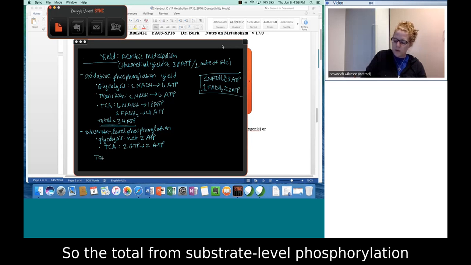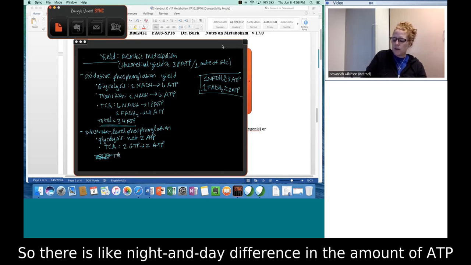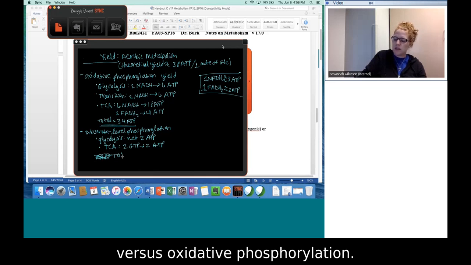So the total from substrate level phosphorylation is 4. So there is like a night and day difference in the amount of ATP that's made in substrate level phosphorylation versus oxidative phosphorylation.